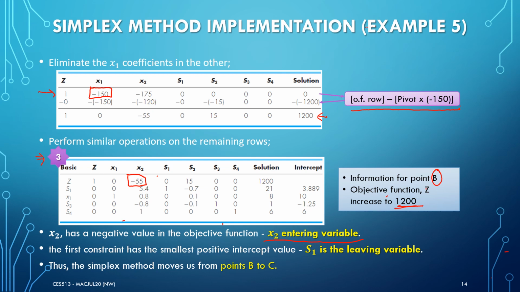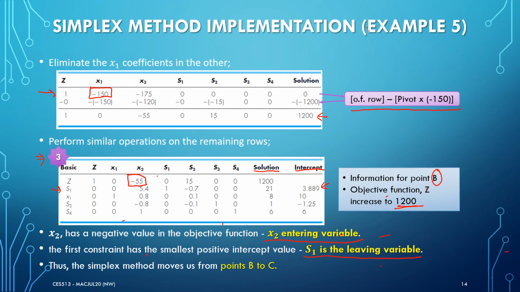According to the intercept values in the last column, calculated as the solution column divided by the coefficient in the x2 column, the first constraint has the smallest positive value, and therefore S1 is selected as the leaving variable.